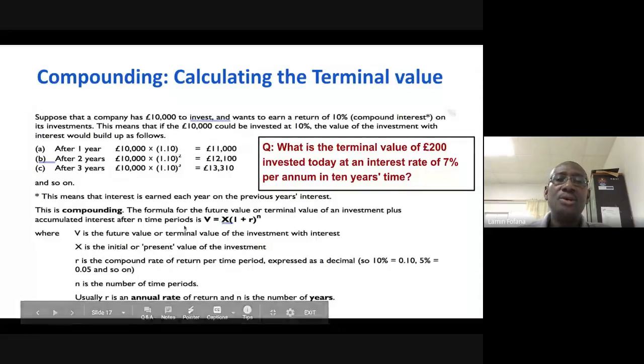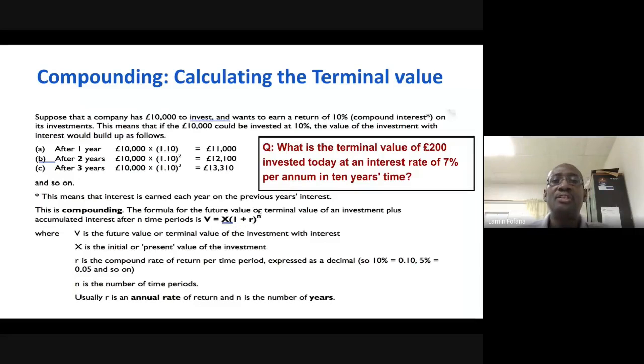In our formula for compounding, we have V equals X into (1 plus R) raised to power N. V is the future value that we look for when we are compounding, whilst X is the value now. 1 is the constant, R is the rate, and N is the number of years.